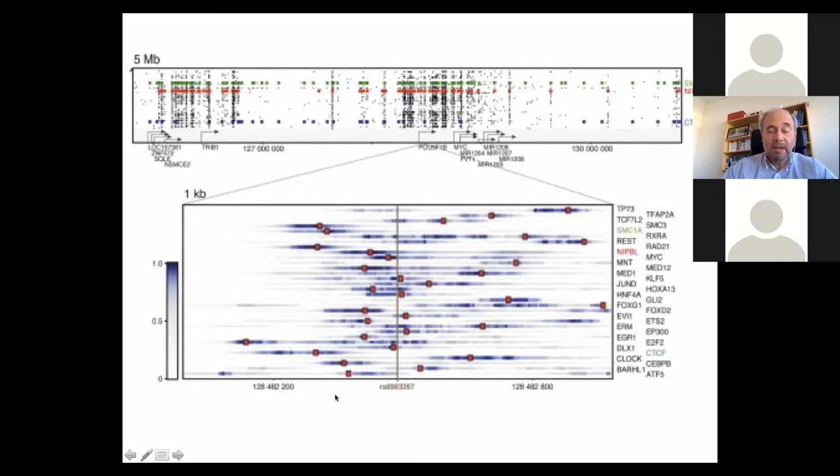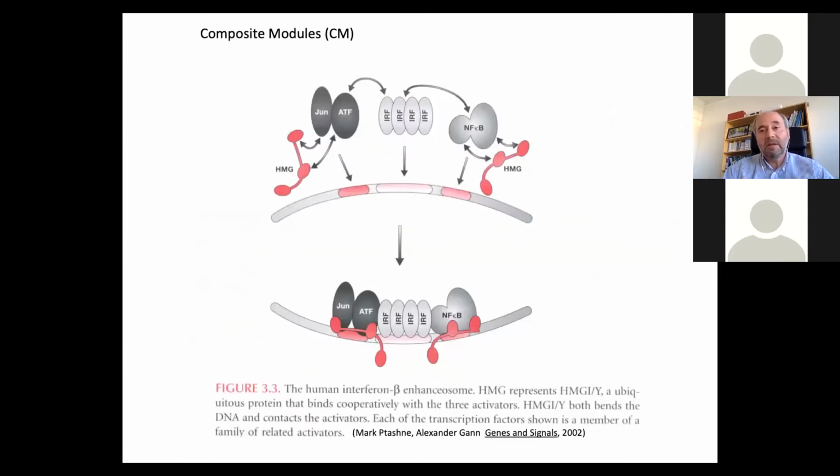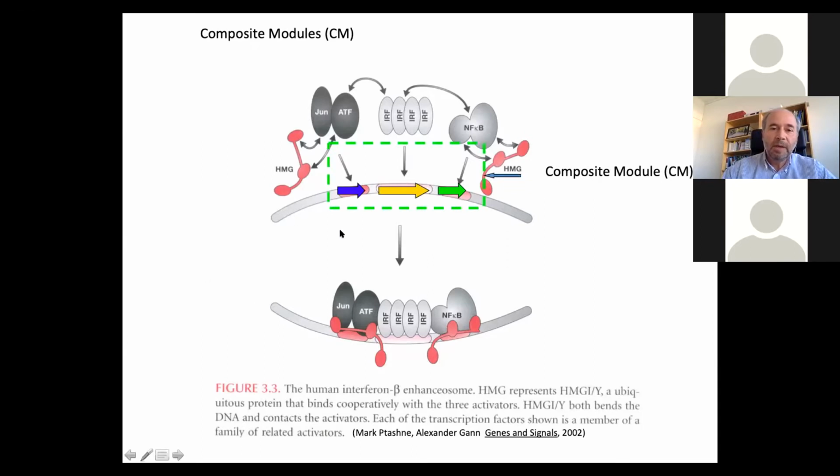And why is that? Because we know that transcription factors do not actually bind alone. They bind in accomplices, so-called composite modules. So there is a binding site for a central transcription factor, say in the center, say this is a factor RAF, and it's binding to this place, but nearby there are other binding sites for other factors, and only when these 3 or 4 or 5 transcription factors come together and bind in a synergistic manner to this region is a particular change of expression observed in that gene.